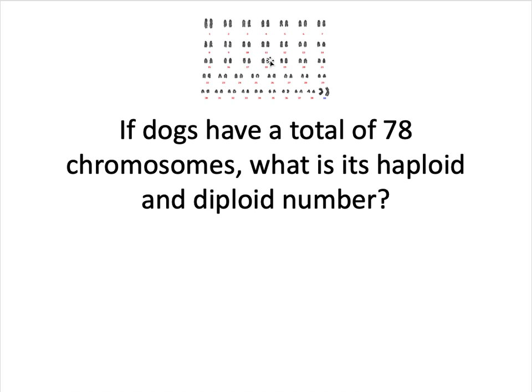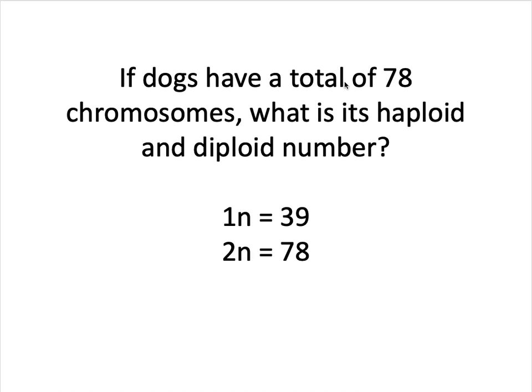And then here we have a karyotype of a dog. They have more chromosomes than us. So for dogs, the diploid number, that 2N number, is 78 because they have a total of 78 chromosomes.